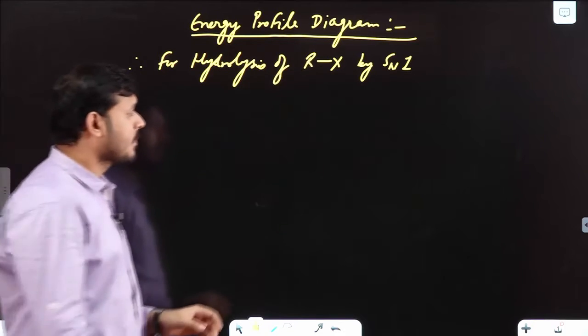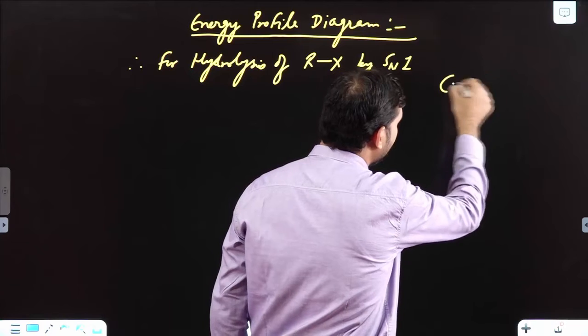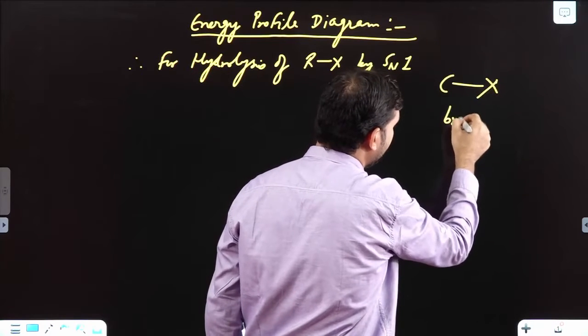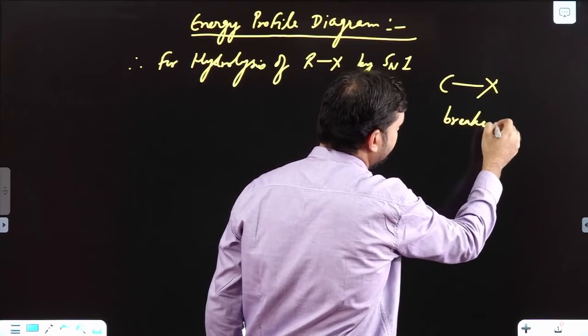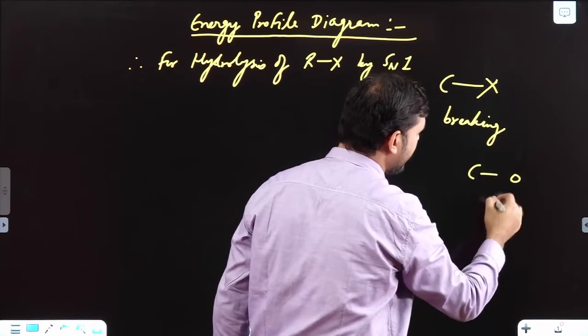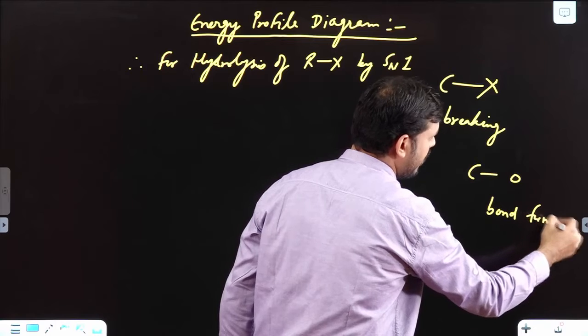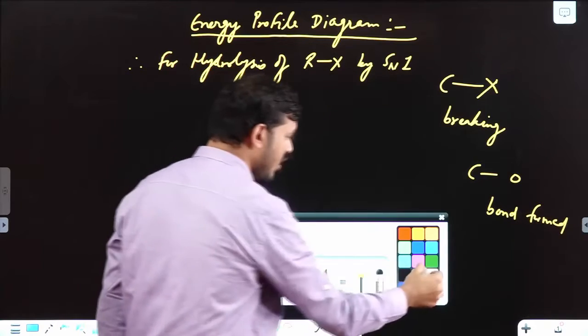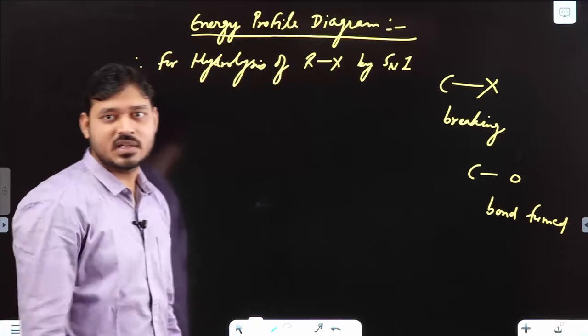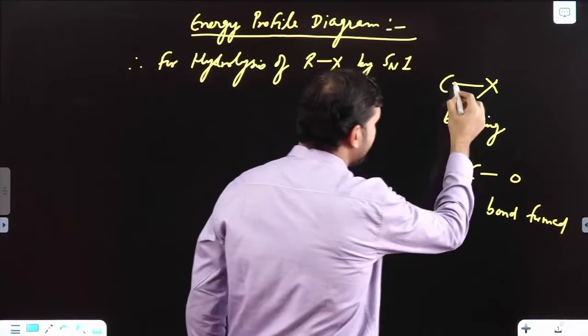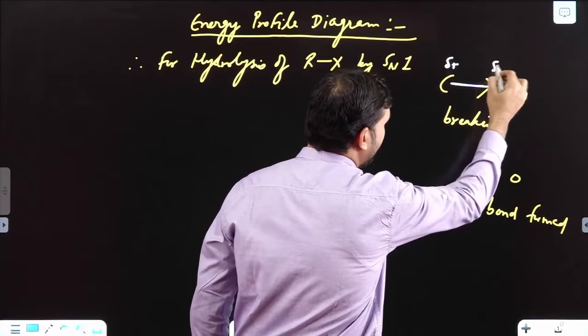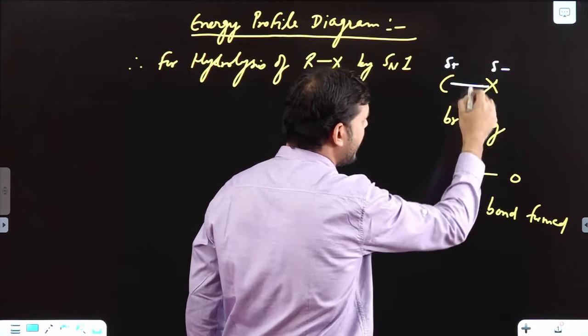Then what happens? There is breaking of the C-X bond, and formation of the C-O bond. Now when you compare these two cases, this is your delta positive, delta negative. This is a polar bond and it is broken.